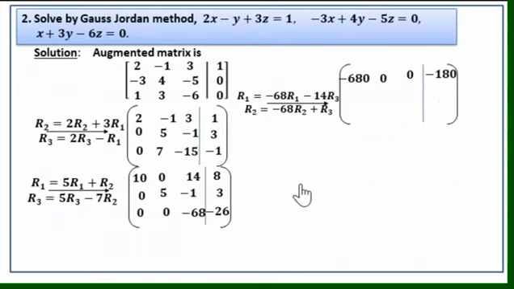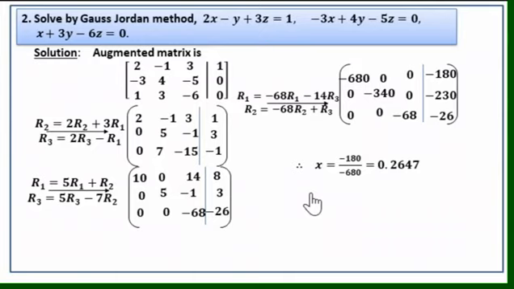Then second row, -68 into 0 plus 0, 0 it is. Then we have -68 into 5 plus 0, -340. Then -68 into -1 and plus -68, you get 0. Then -68 into 3 plus -26, -230. Then third row, write as it is.